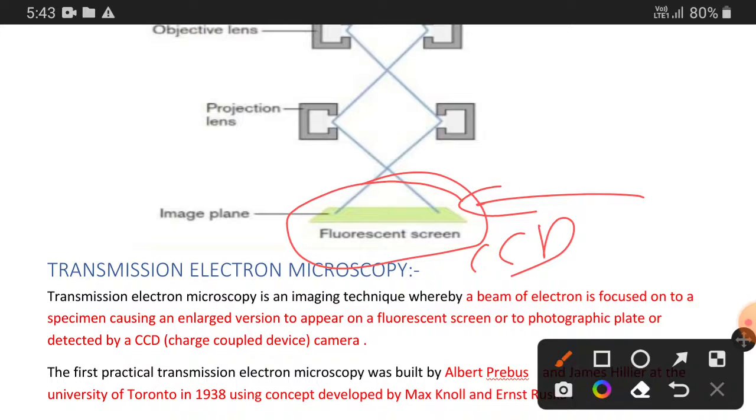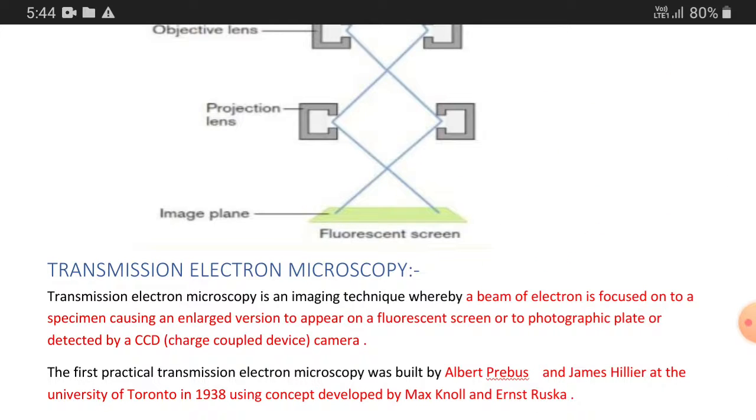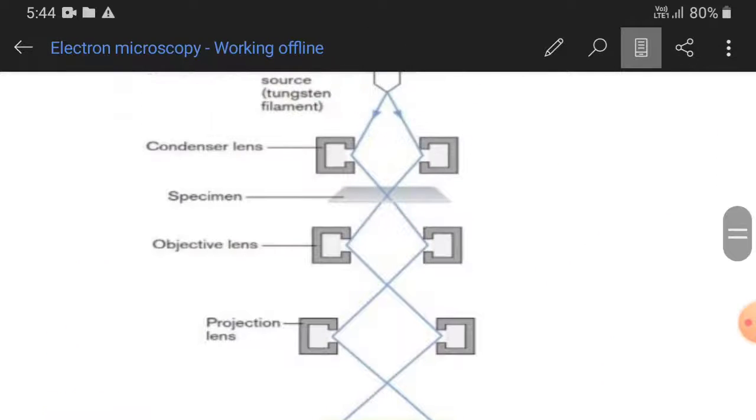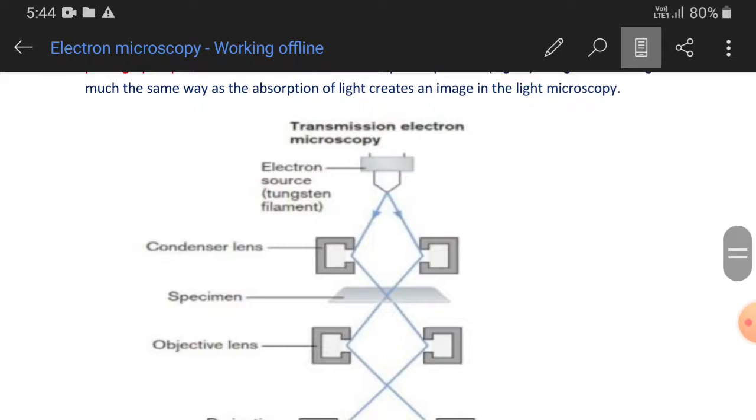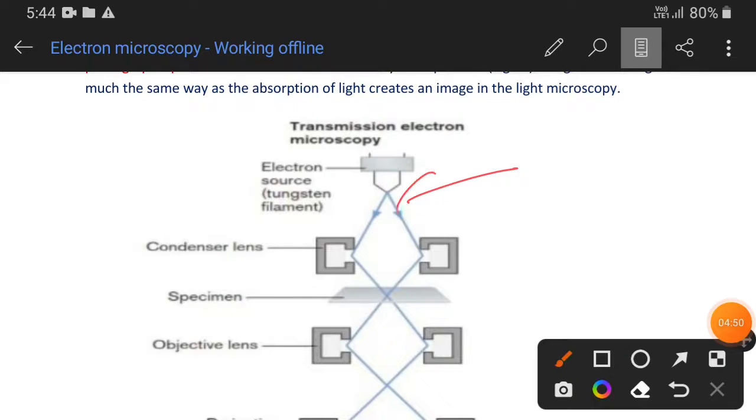The image that the CCD or fluorescent screen or photographic plate has detected will be recorded by a computer program in real time. That's how we can get the image of the object, right? So the idea is very simple: we are using electrons, and these electrons are of shorter wavelength.